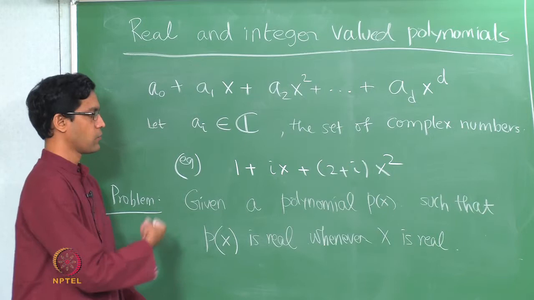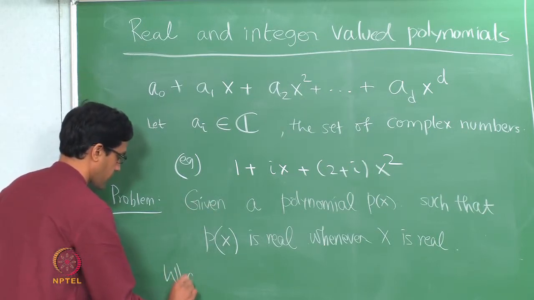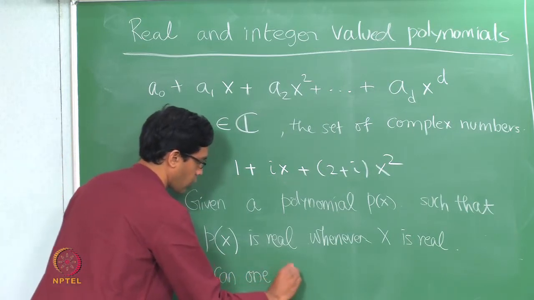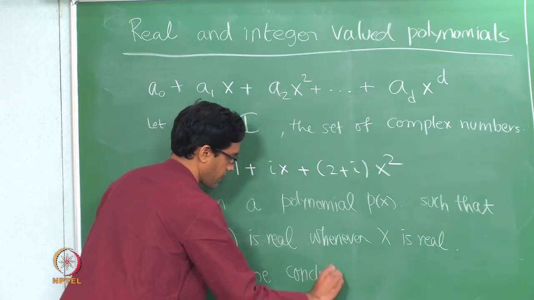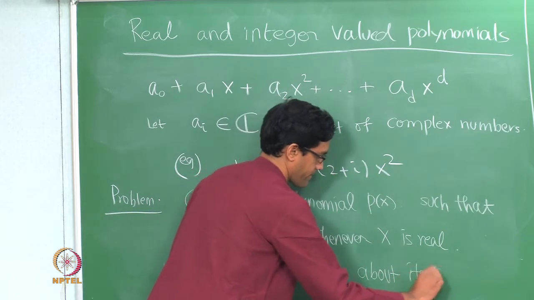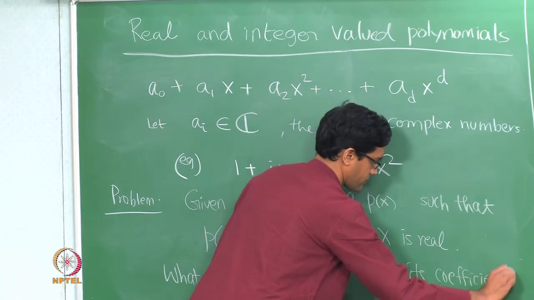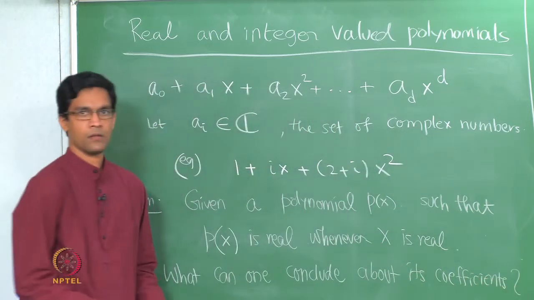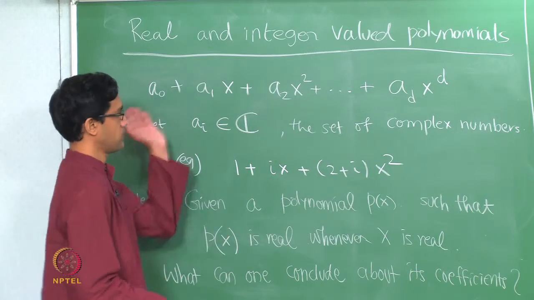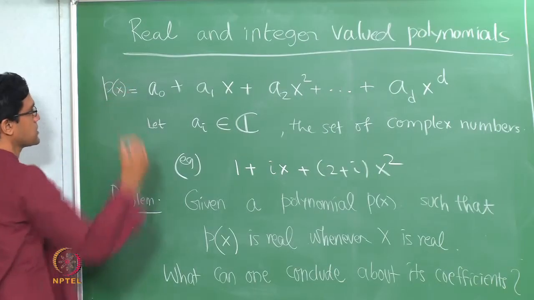Then what can I say about the coefficients? So the question is this: given this polynomial, what can one conclude about the coefficients ai? Let us look at the expression here. P of x looks like this.